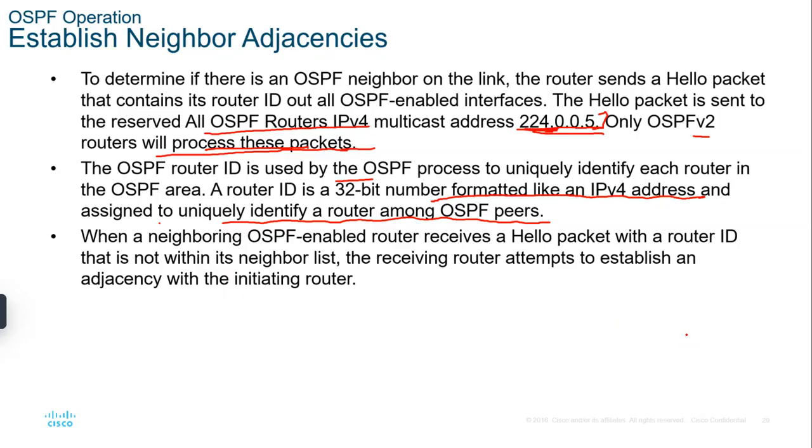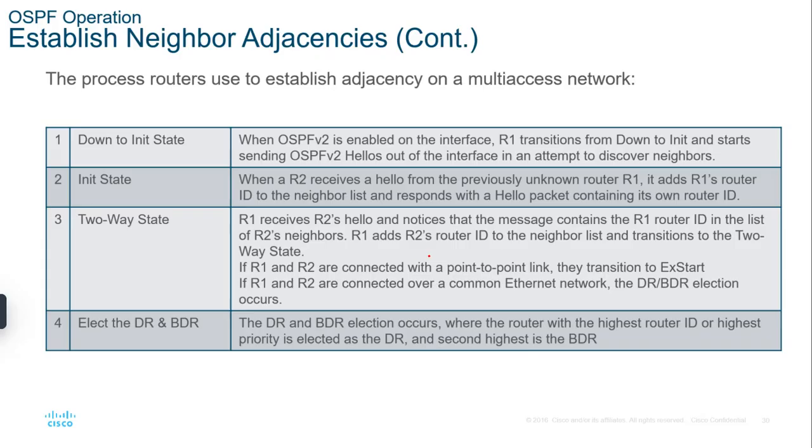So this router ID is used to uniquely identify the router in the area. The process routers use to establish adjacency on a multi-access network goes through the down state, then the init state, then the two-way state, and then the election of the DR and then the BDR.